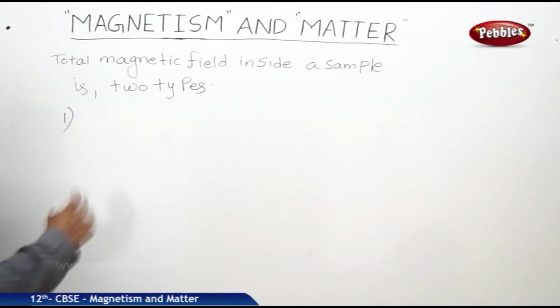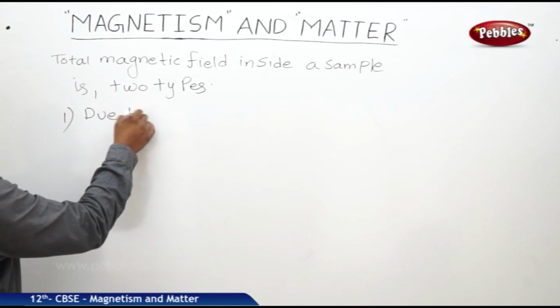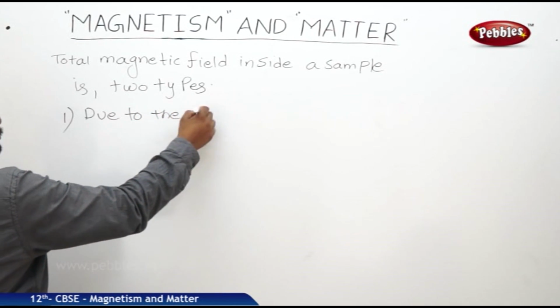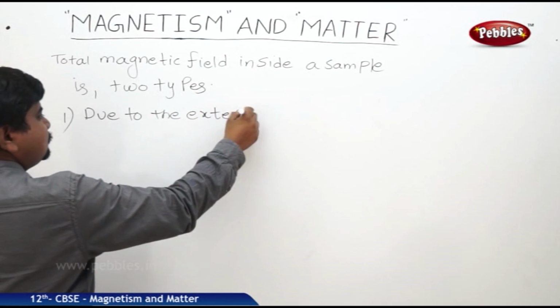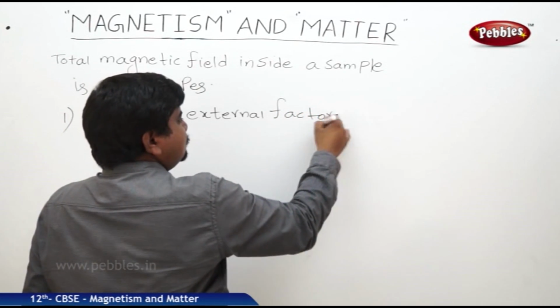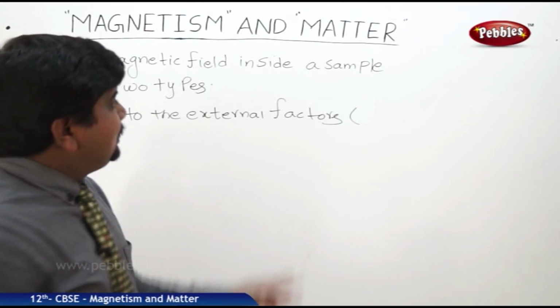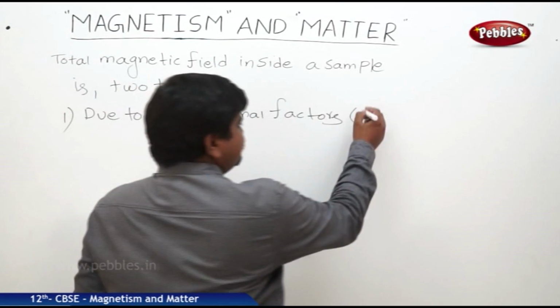One is due to external factors. The magnetic field due to the external factors is represented by magnetic intensity, nothing but H.